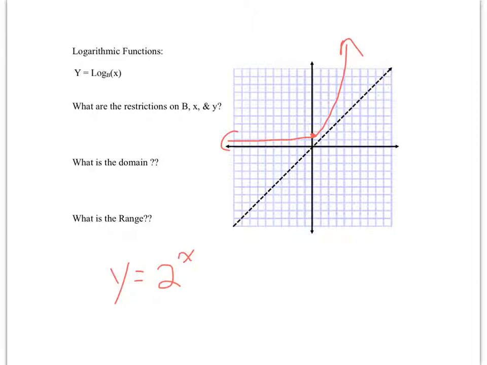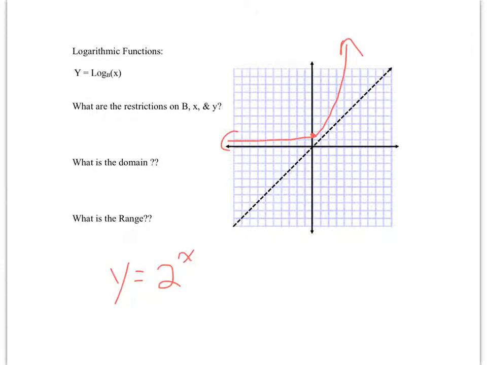I'm going to draw the logarithmic function in green, and of course we know it's going to reflect over the y equals x line right here. So all the ordered pairs (x, y) are going to regraph as the ordered pair where the x and y flip, (y, x). So the logarithmic function is going to look like this.